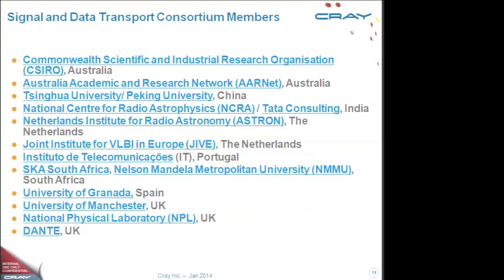Signal and data transport. Traditionally, the astronomers have designed their own protocols, their own way of connecting dishes, the antennae to computers, and there is a significant struggle going on in this consortium between adopting industry standards or rolling their own thing.